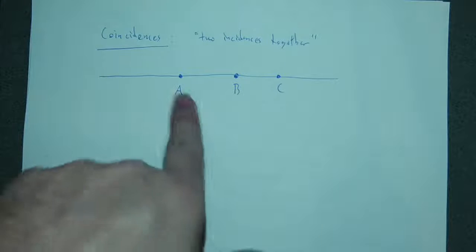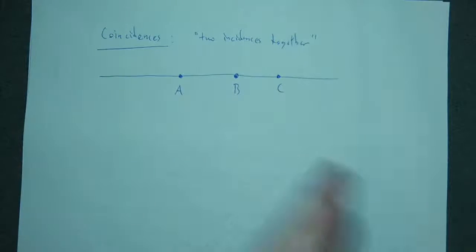There's the incidence of A and B lying on a line, and there's the incidence of C lying on that same line. And so that's essentially what Pappus and Desargues say, is that certain coincidences occur. And that's exactly what we can track with them.